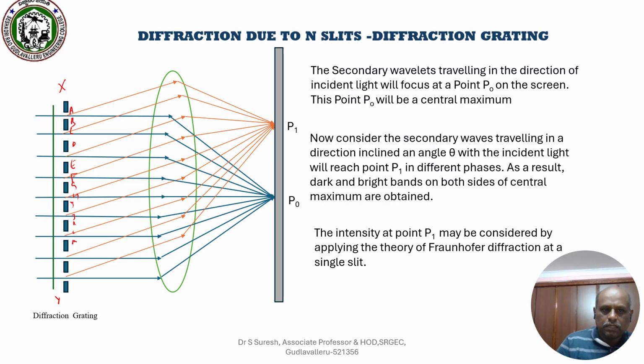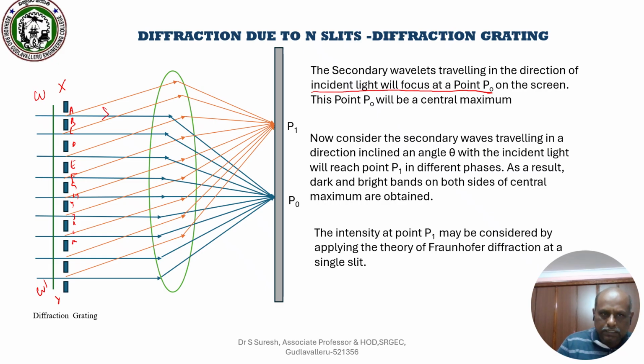These are the slits on the grating. This is our screen. A wavefront WW dash is incident on this diffraction grating. The secondary wavelets traveling in the direction of incident light will focus at P0.